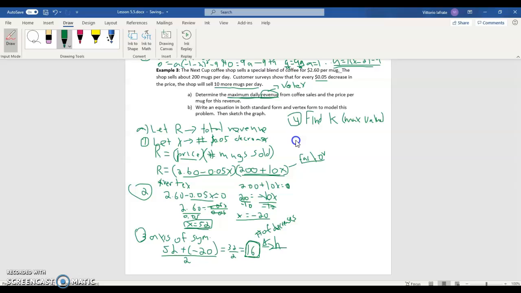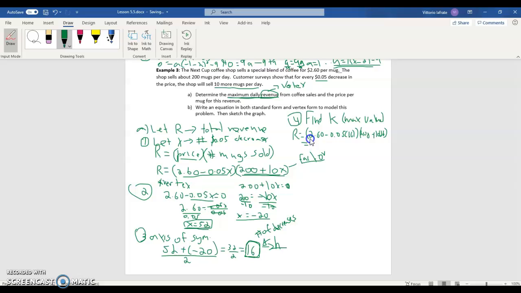So I'm going to write R is equal to 2.60 minus 0.05 times 16, times 200 plus 10 times 16, is equal to, so let's put that in our calculator.